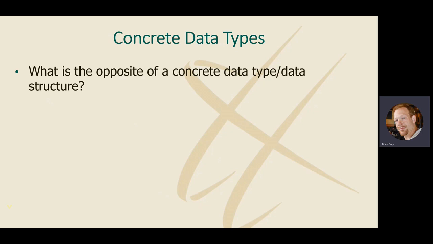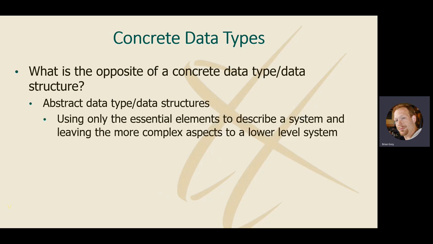So, okay, the opposite of a concrete data type or a concrete data structure, then, like I implied, is abstraction: abstract data type, abstract data structure. These are data structures that are abstracted off of the lower level system. They describe essential elements of how they behave, describe a system at a higher level, and implement them at that level. They leave the more complex aspects to a lower level system.